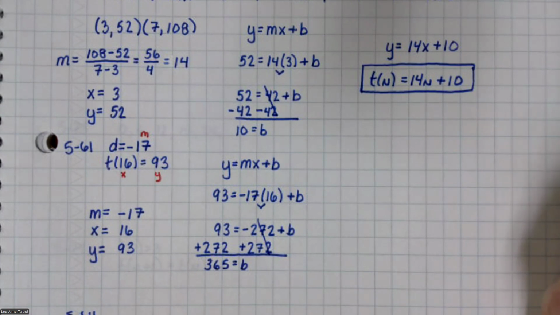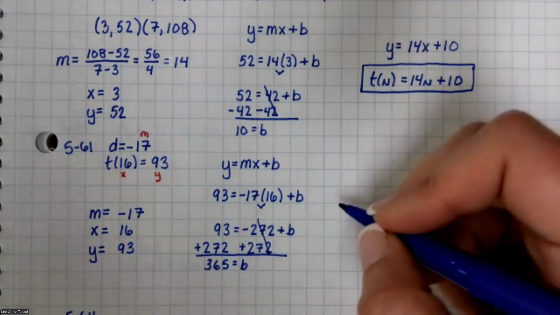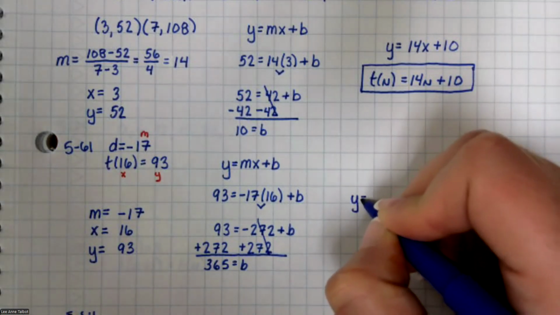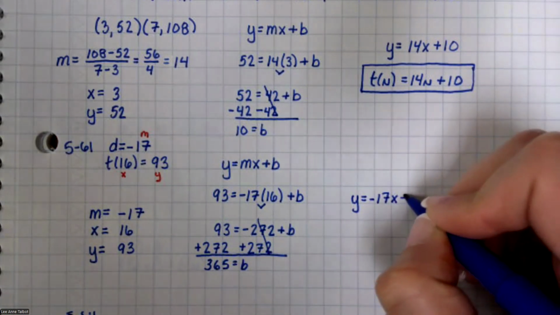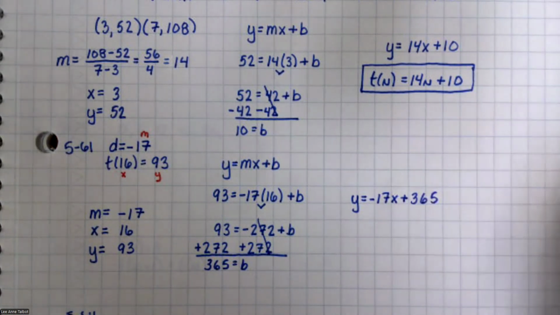Who knew? Okay, y equals negative 17x plus 365.